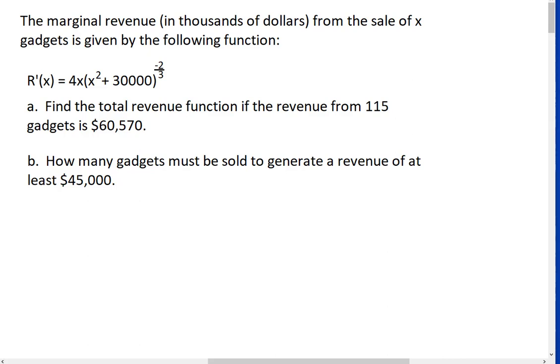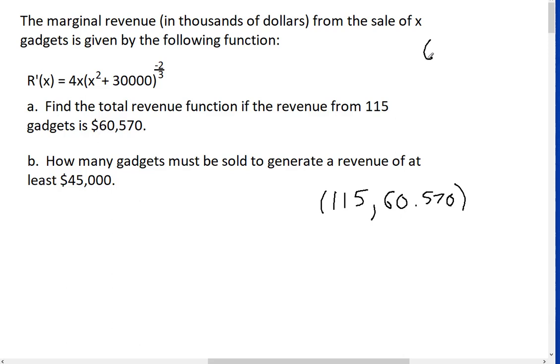So what they've done here is they have given us an ordered pair, 115, but they gave us the revenue in thousands, so we have to change that to 60.570. So when we use this point to find our constant, our C value of the integration, we must use that decimal, 60.570.